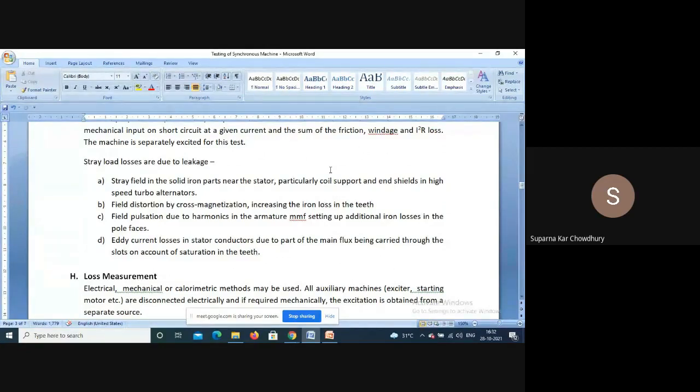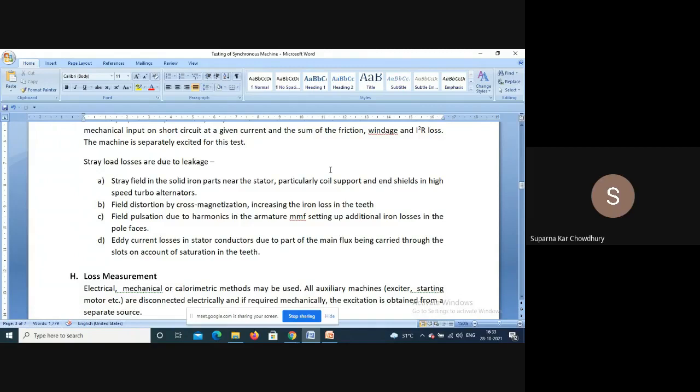That is when the armature current is cross magnetizing, that is the armature reaction field is 90° to the main field, then it actually distorts the field, so that the peak increases, so that increases iron loss in the teeth. Field pulsation due to harmonics in the armature MMF.